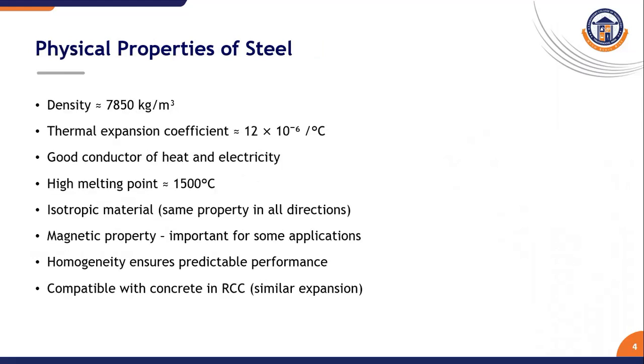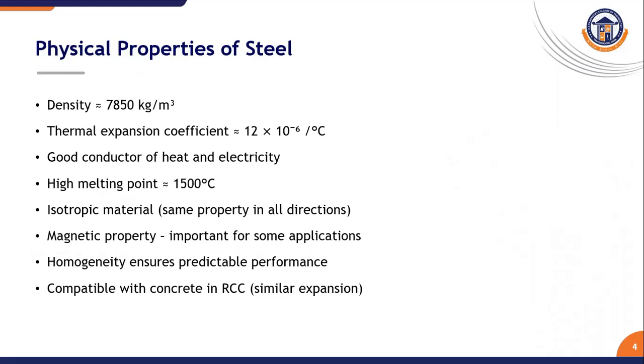Physical properties of steel. Steel has a density of about 7850 kg per cubic meter, making it heavier than concrete but much stronger. Steel expands with temperature, with a coefficient of thermal expansion close to that of concrete. This makes steel compatible with concrete in RCC and composite construction.